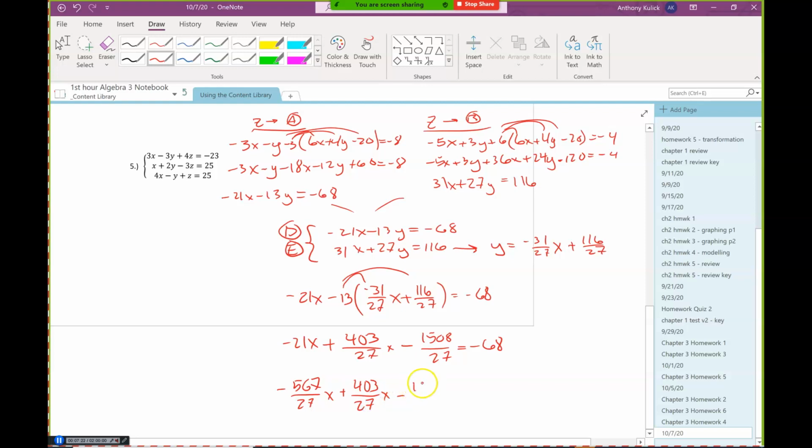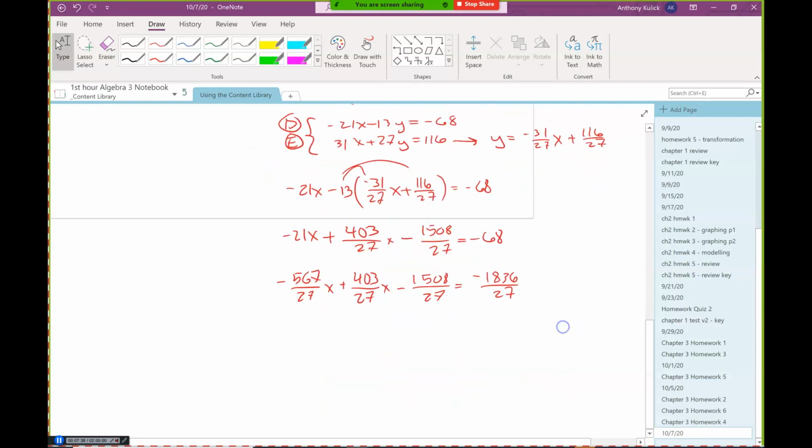And similarly, I'll do the same thing with the negative 68 because eventually I have to add that 1508 over 27 to it. Okay with that, Jacob? Yep.